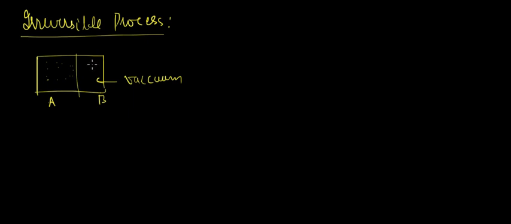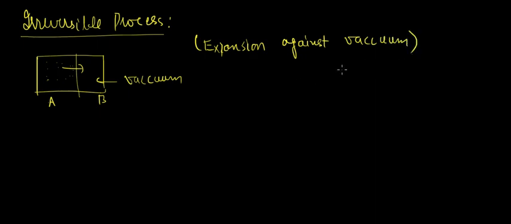And what will happen is this gas which is present in chamber A will expand. Okay. So this is an example of expansion against vacuum, where P external would be equal to 0.